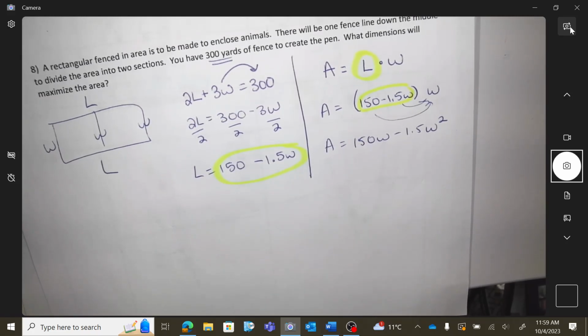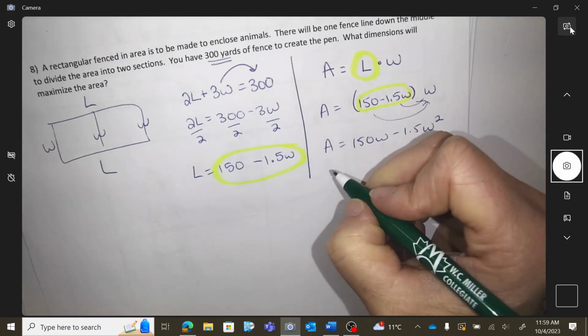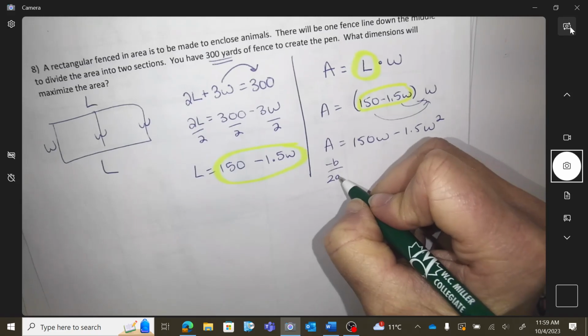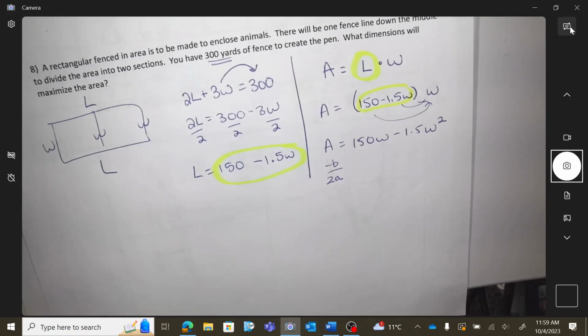So how do you start the process of finding a max? What do we always start the process of finding a max with? I should be doing a negative b over 2a method, right? Because I'm trying to get to a vertex.